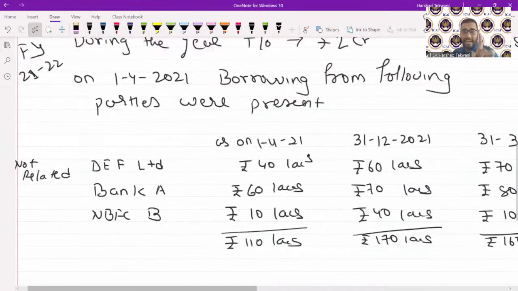Now I am saying DEF Limited is not related to me. Now tell me whether still it will be applicable or not. This will be applicable or not?